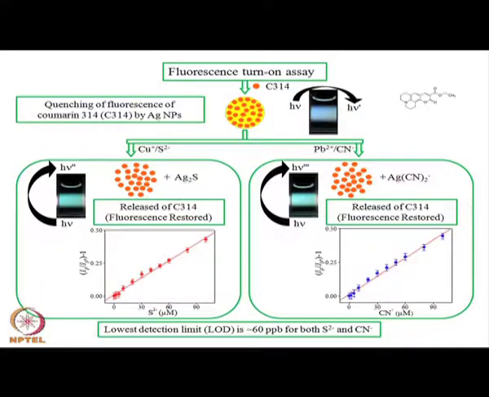Among these procedures, by which this sensing is done, is the fluorimetric method. What I discussed here is the fluorescence turn-on assay. I just gave you one example, and you can find many examples of such sensing.